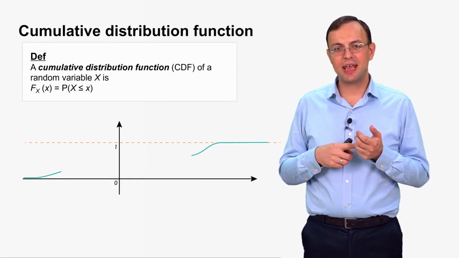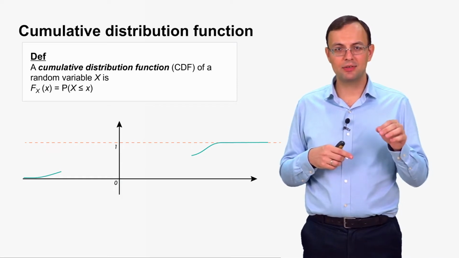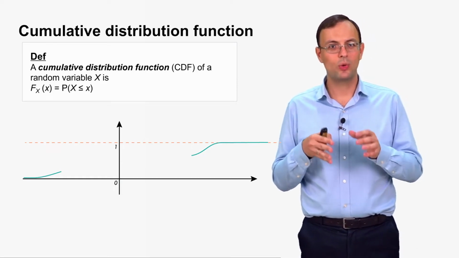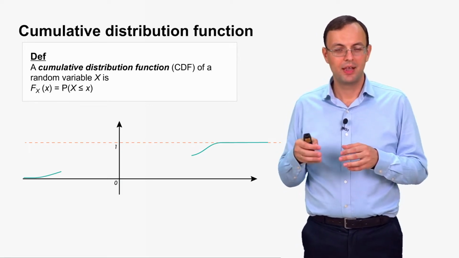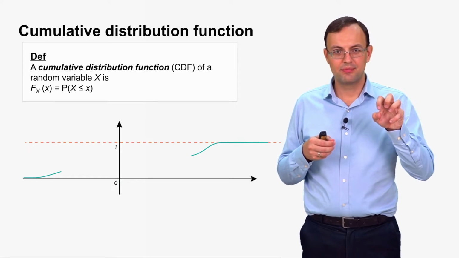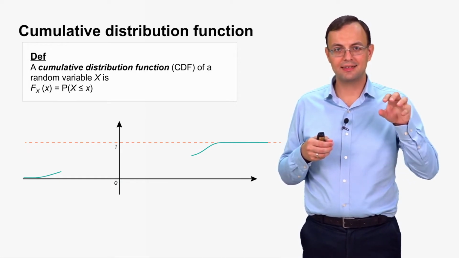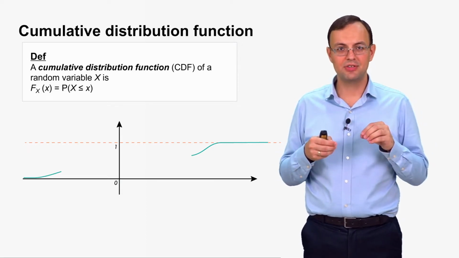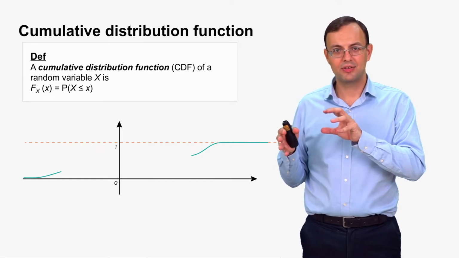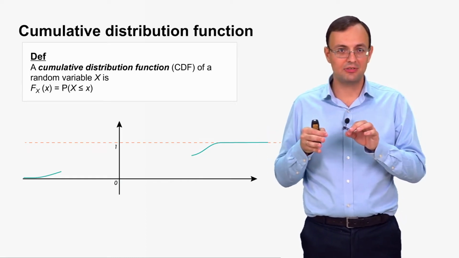You see that if somebody's height is less than 160, it is automatically less than 170. So this event, that the height of the first person we will meet is less than 160 centimeters, is a subset of the second event, that his height will be less than 170 centimeters.